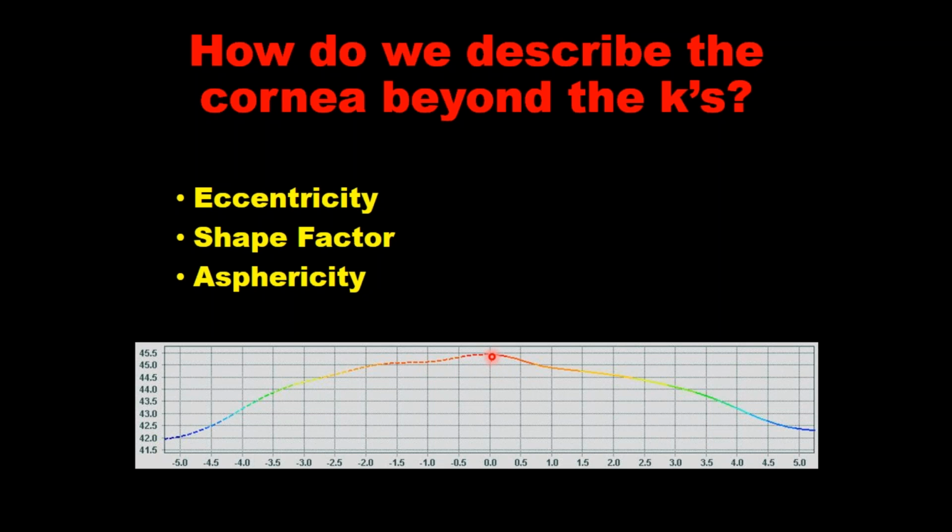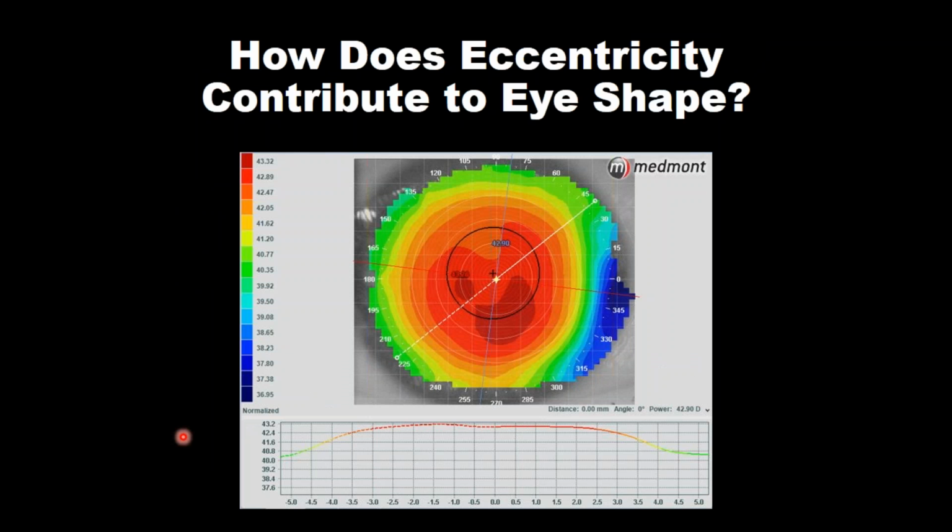It's describing how the normal non-surgical eye generally goes from steepest in the center to flattest toward the periphery. It's describing how the eye shape changes more mathematically as opposed to just saying the cornea is steep, median, or flat. It's a way of describing the cornea to understand the global shape of the eye, or at least one of the ways that we might do that.